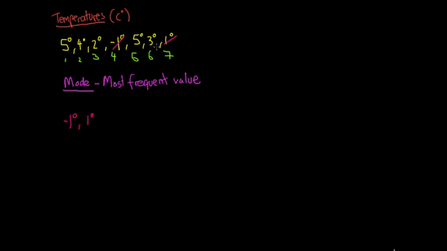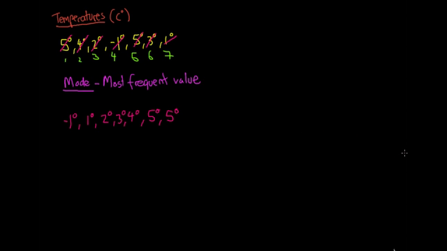Then the next largest would be 2 degrees. And there's no more 2's. The next largest would be 3 degrees. Then there would be 4 degrees. And we have 2 of this 5 degrees. So we have 5 degrees appears twice.